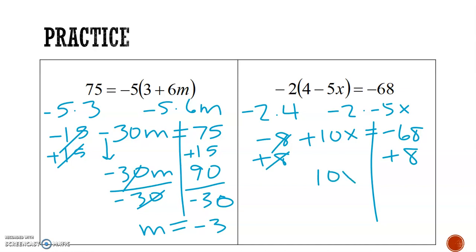Bring down that 10x. Negative 68 plus 8, so we're going towards 0. Or another way to think of it is you have 8 positives, 68 negatives, and you have 60 negatives left over. Divide both sides by 10, and we have x equals negative 6.